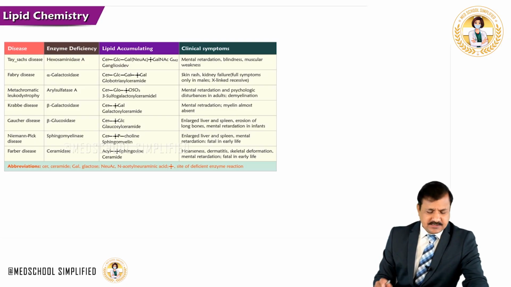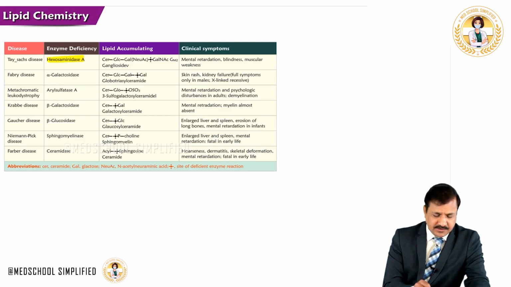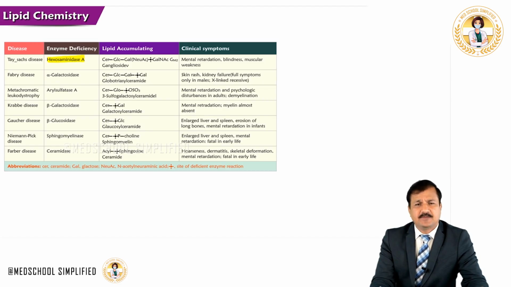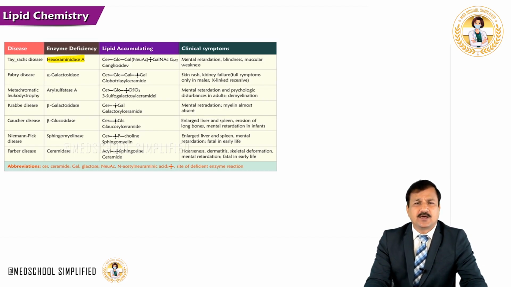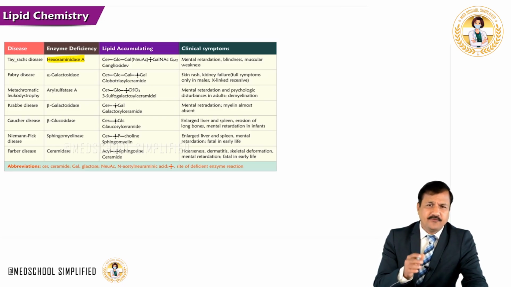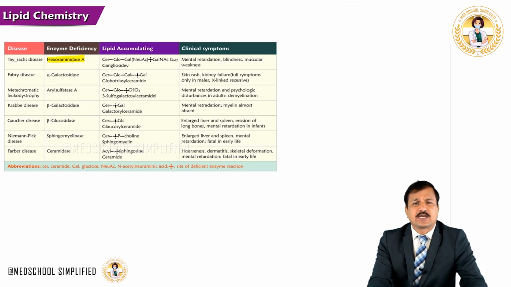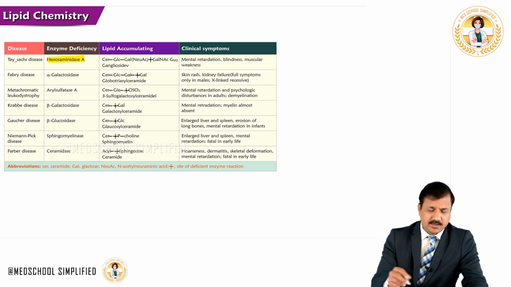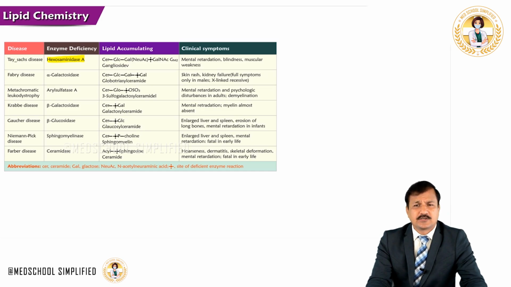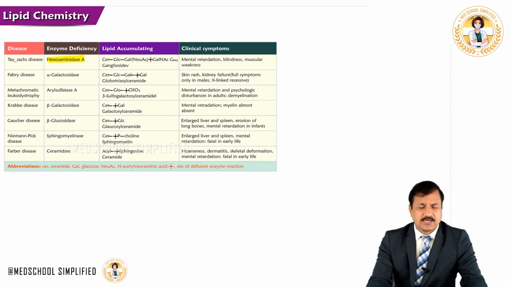So we have Tay-Sachs disease where there is a deficiency of beta-hexosaminidase A enzyme, where there will be defect in the removal of N-acetyl galactosamine. Remember that, sometimes that can also be asked, what is not removed? It is N-acetyl galactosamine not removed. Thereby, there will be accumulation of GM2 gangliosides, and patients will show mental retardation, blindness, muscle weakness. We will go into details later.